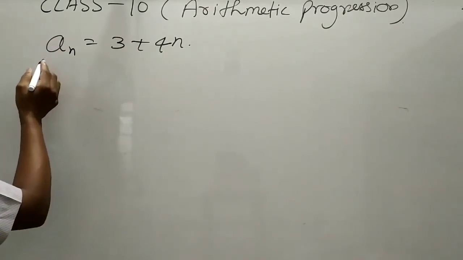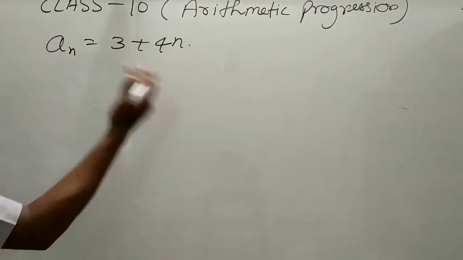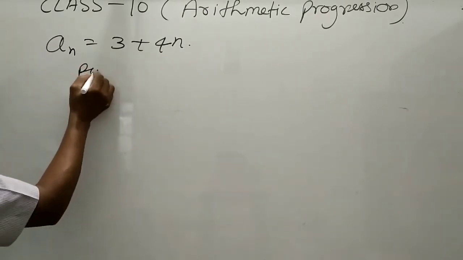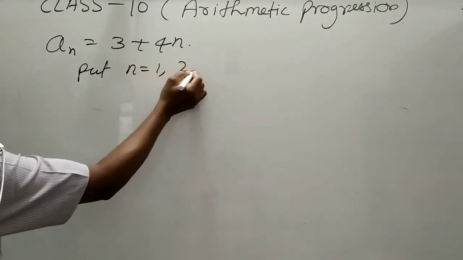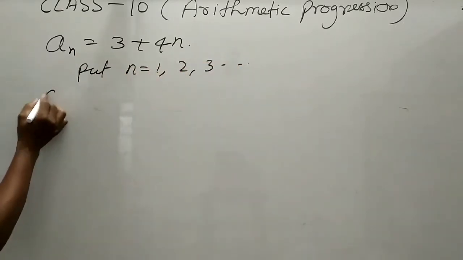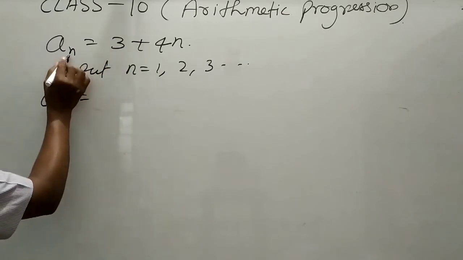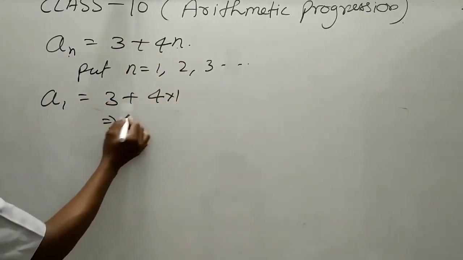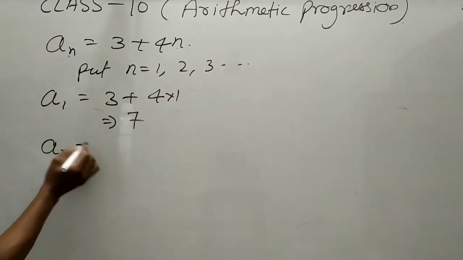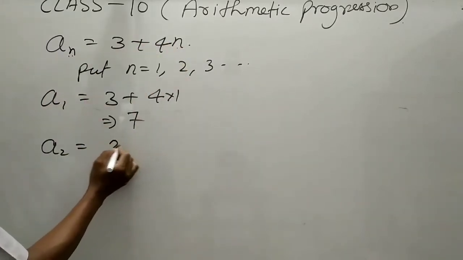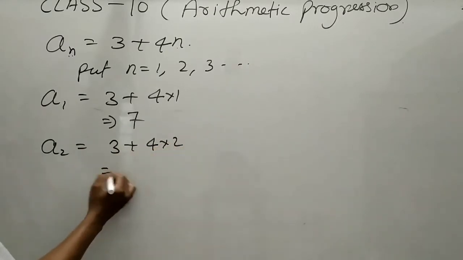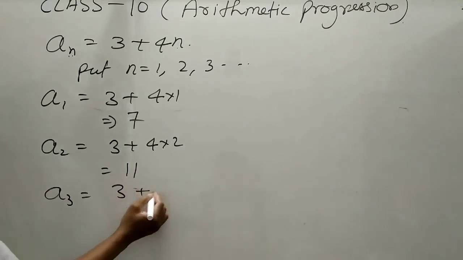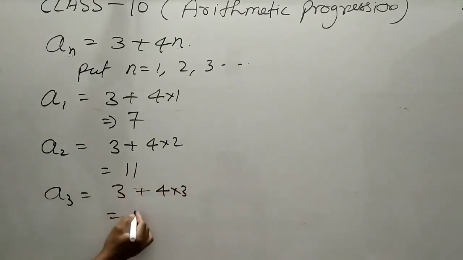Now you have to find a1, a2, a3 and then show that these are in AP. First we put n is equal to 1, 2, 3 etc. So a1 is equal to, n is equal to 1 here, so 3 plus 4 into 1 that is equal to 7. A2, n is equal to 2, so 3 plus 4 into 2 means 11. Then A3 is equal to 3 plus 4 into 3 means 15.